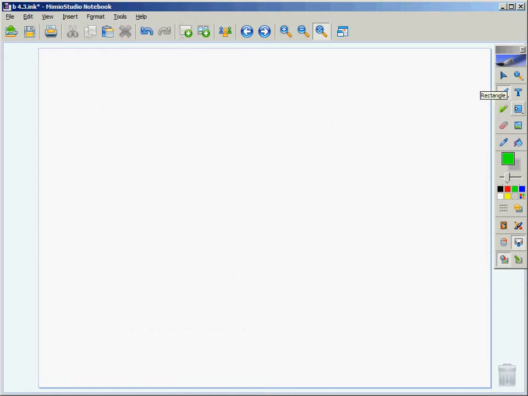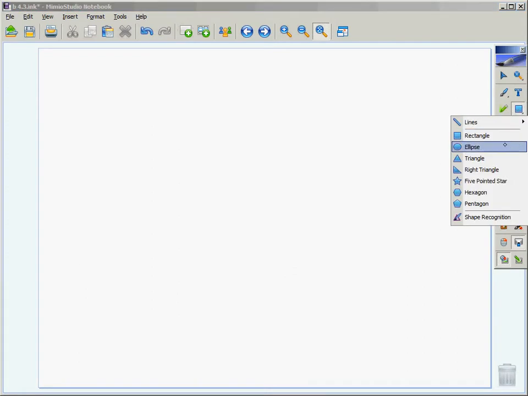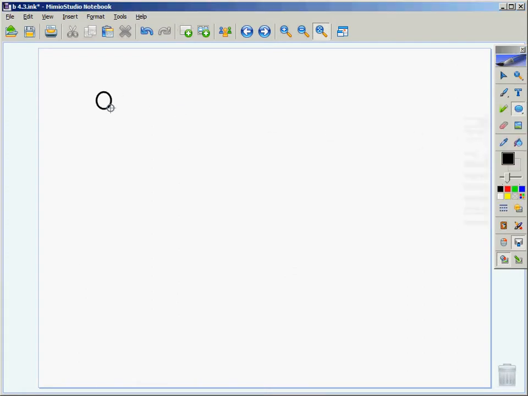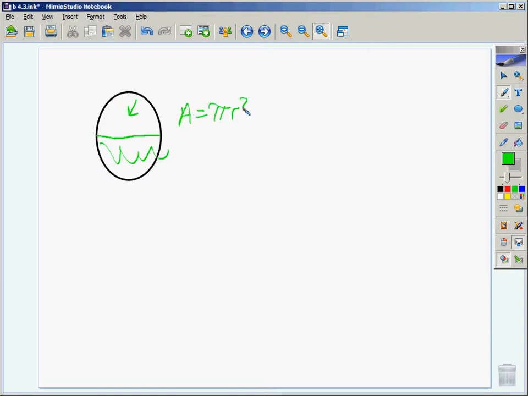Because if it's a semicircle, instead of the whole circle being there, how much of the circle is actually there? Half of it. So we're not looking at this part, we're only looking at this part. If the area of the whole thing was pi r squared, then the area of half of it is pi r squared divided by 2. Did that answer your question?